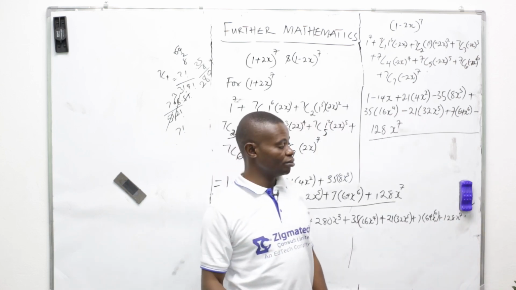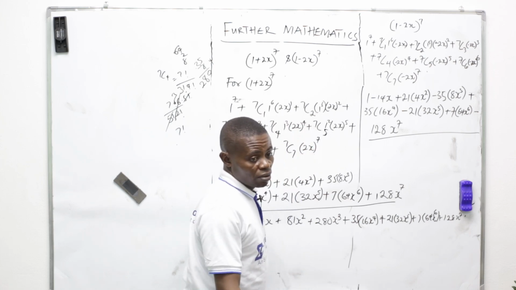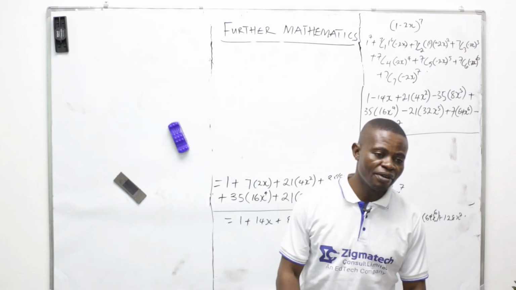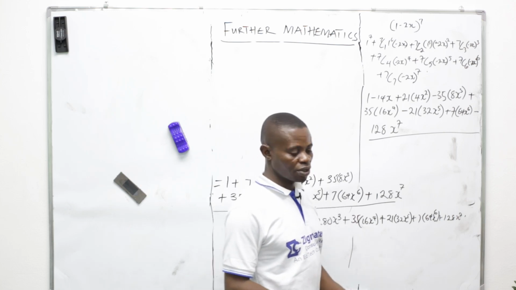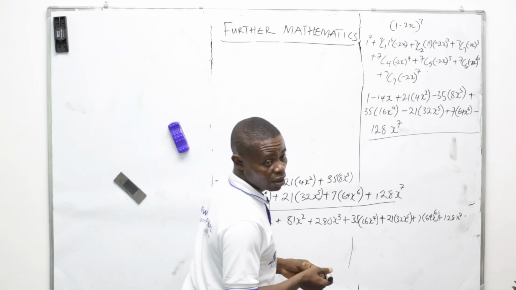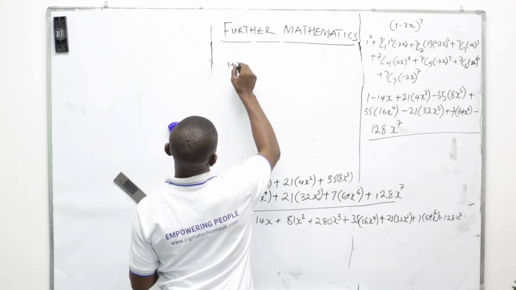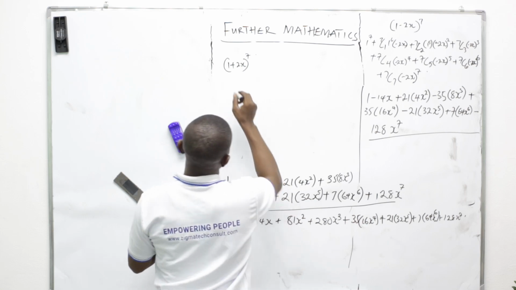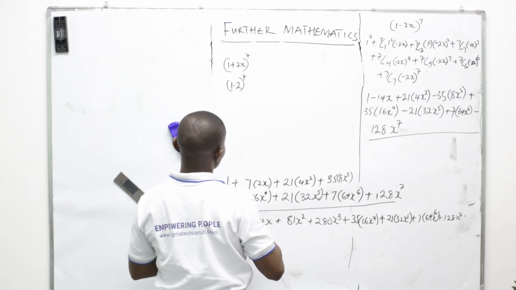Our interest here is to find the value of 1.2 raised to power 7. Remember we have 1 plus 2x all to the power 7. So for 1.2 to the power 7, use your wisdom.